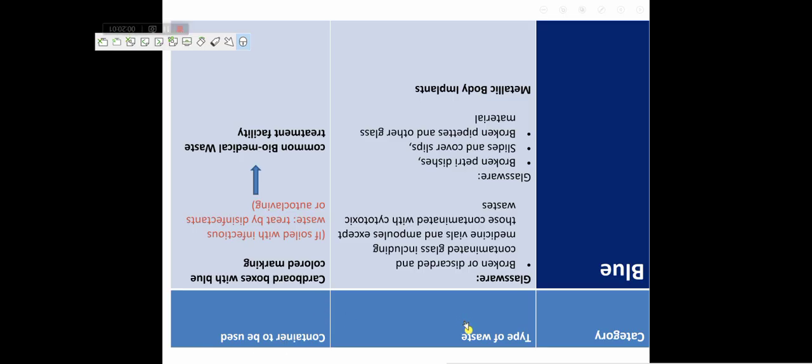Now coming to the blue bag. So here in the blue bags we will be keeping the glasswares, right? Which are not in use, or the glasswares which are contaminated, or which are broken.